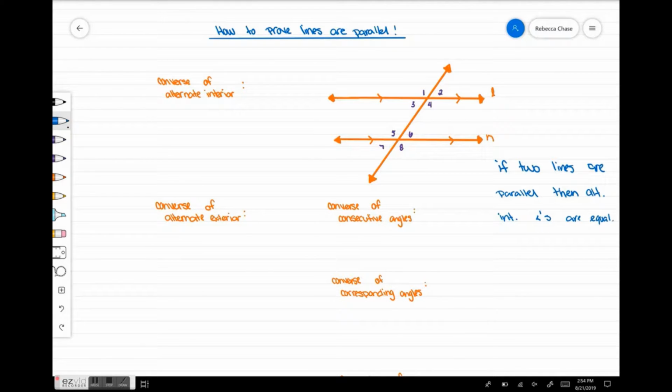Okay, so when we find the converse, remember the converse means that we flip it. So I'm going to say that if alternate interior angles are equal, then two lines are parallel.